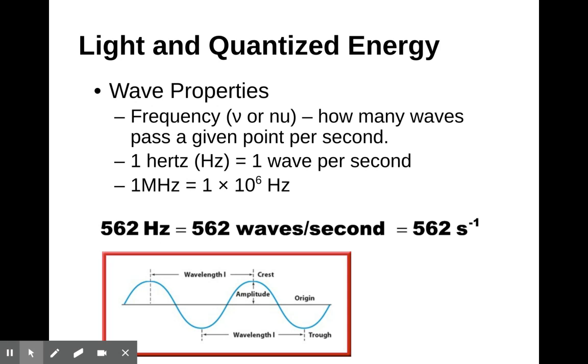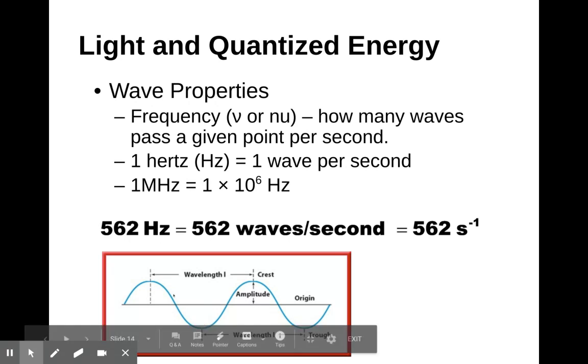So 562 hertz is equivalent to 562 waves per second, which is also 562 seconds to the negative first. So again, it's the number of waves that travel per second.